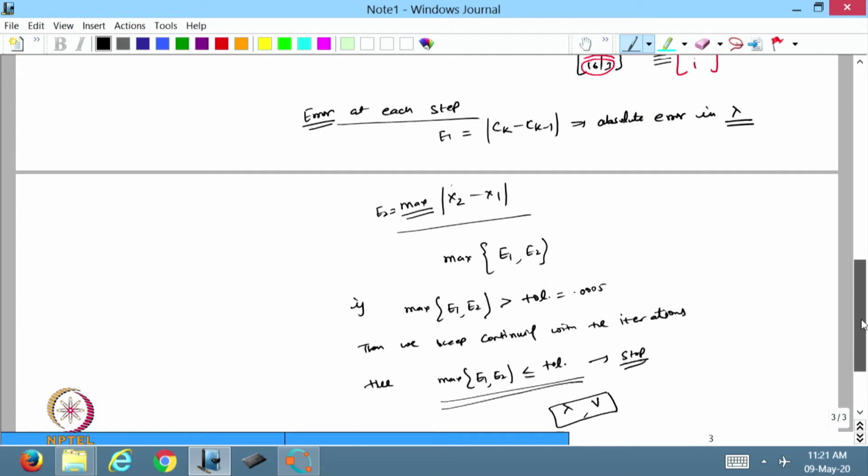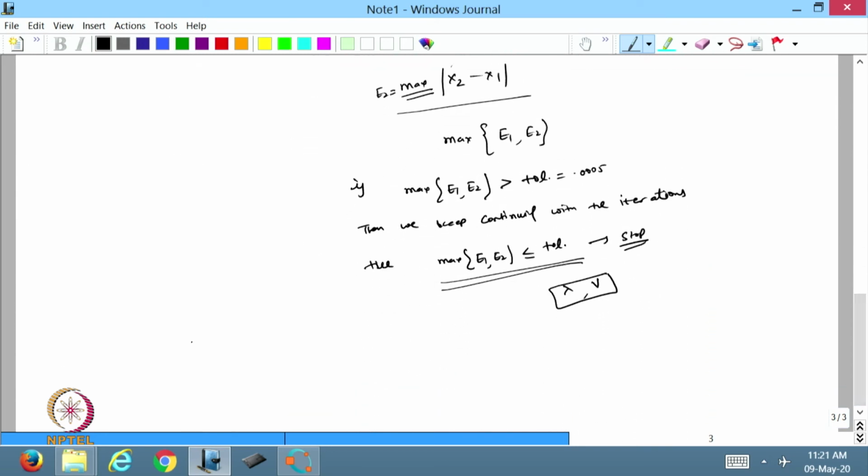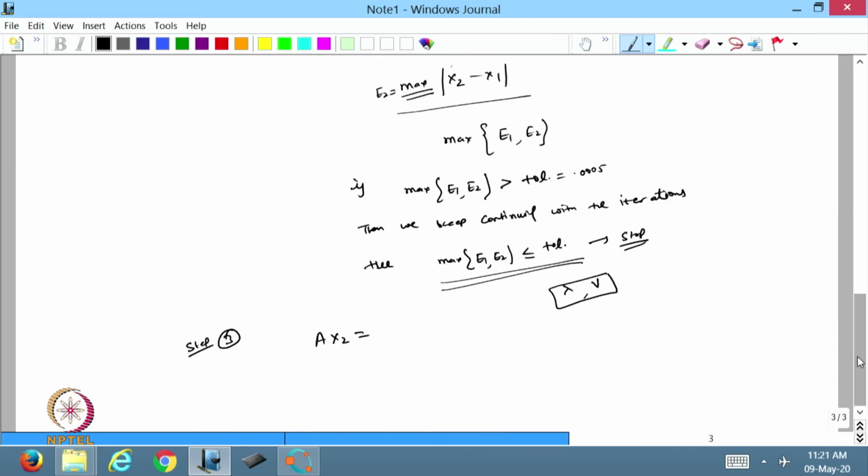So, in this case we have been able to find these two steps. Then I can take the next step 3. That will be A x2. From here, A x2 is this one, then I will substitute, and whatever value I get will be y2. That will be equal to C3 x3 and so on.